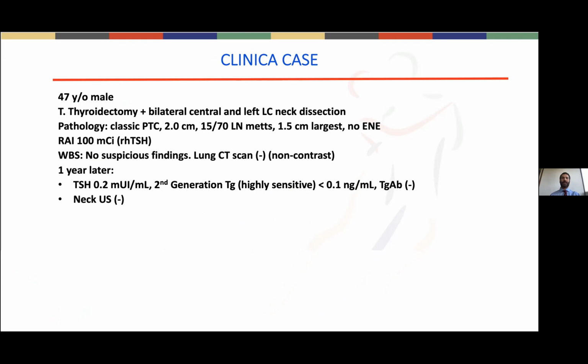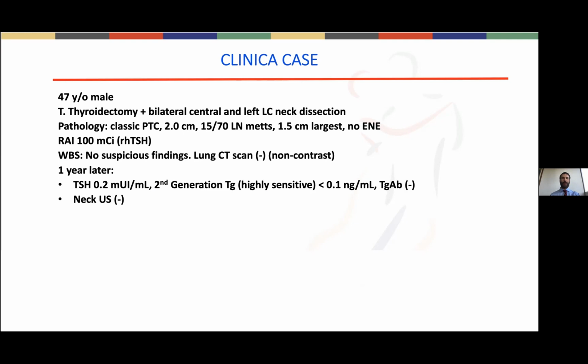He had 15 lymph node metastases, 15 millimeters the largest of them, with no extranodal extension. The patient received 100 millicurie radioactive iodine, and the whole body scan post-therapy showed no suspicious finding. Also, a CT scan of the lung without contrast did not show any suspicious nodules in the lung.